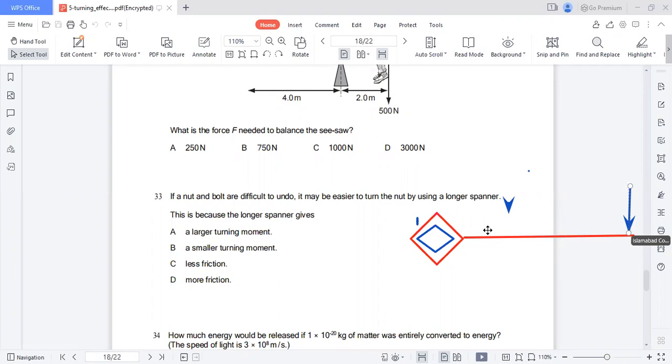Initially it would require a large magnitude of force, but when you increase the perpendicular distance, it eventually reduces the applied force.